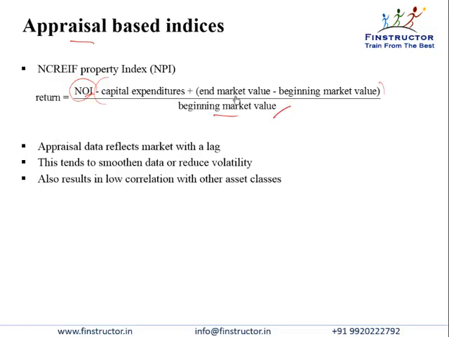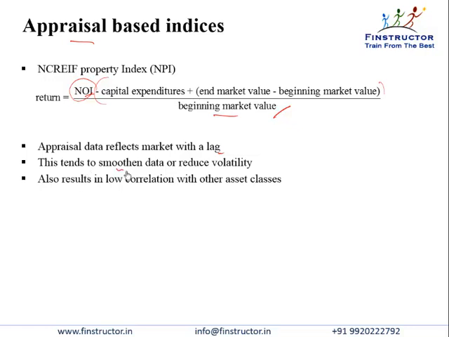Because these ending values and beginning values at times are not actual transactions, rather it is appraisal data or estimated data, the data reflects the market with a lag. First a transaction has to happen, and then the appraiser will use it in his calculations. So if a new transaction hasn't happened, then the appraiser will be valuing it using old transactions, and hence the current value may be at a lag, or at a discount or premium to the actual value.